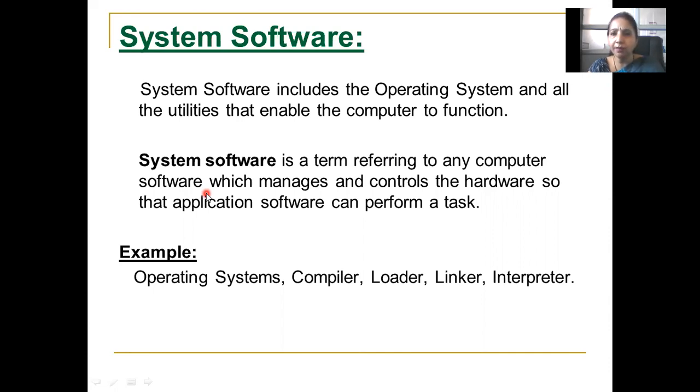Just go to the Play Store, download the app, and you will get all the work. That is an app, that is application software. Examples of system software are operating systems, compiler, loader, linker, interpreter. All these come under system software, right?